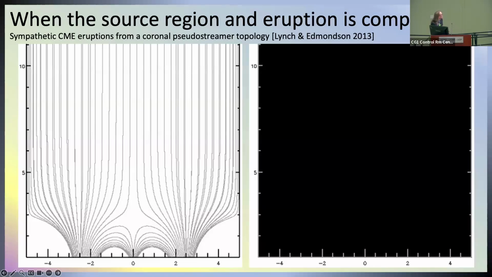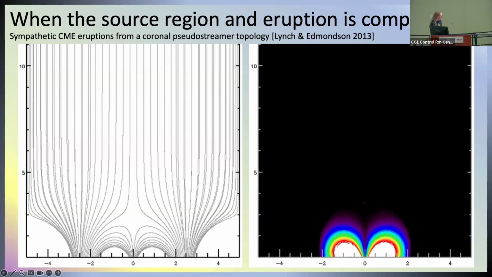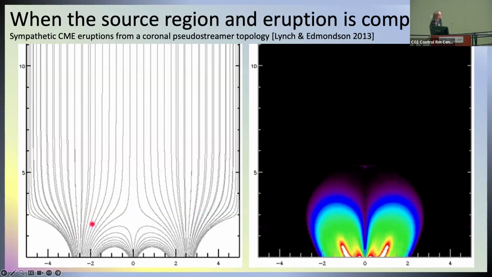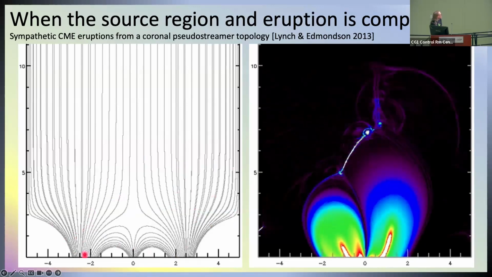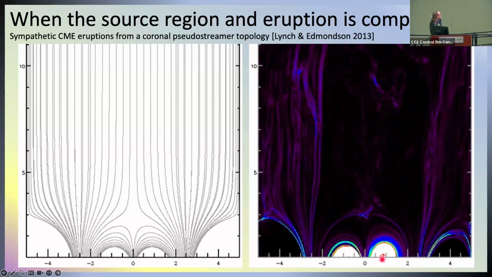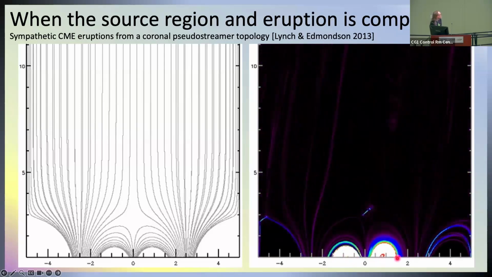Okay, so if we make the source region just a little bit more complicated, here is basically our pseudo streamer configuration. And here we're just adding a ton of energy to that same situation. So we're putting all of it in this closed flux region.